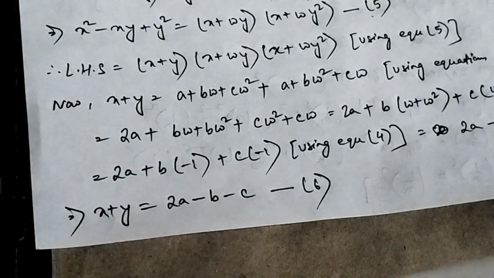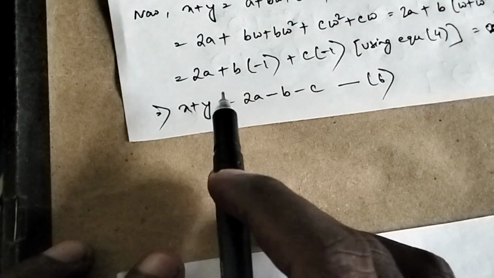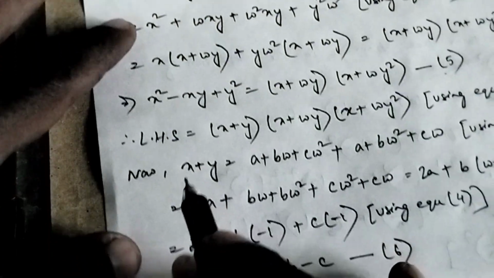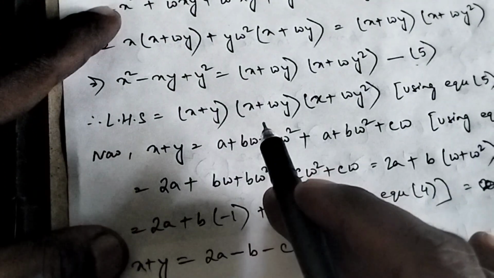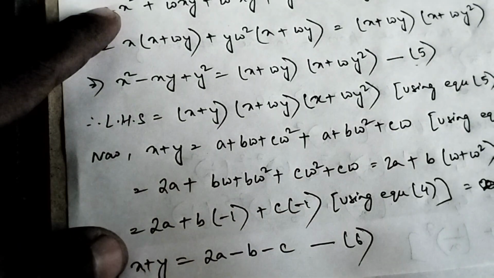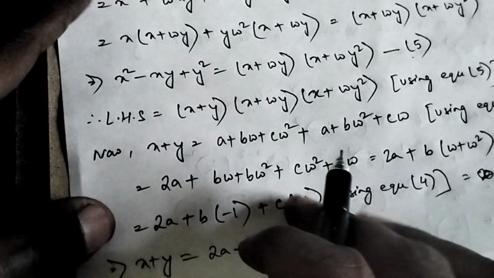Okay, clear? So x plus y is this. Okay, what was LHS? See LHS, x plus y into x plus omega y plus x plus omega y square. So now we have got x plus y is this one.